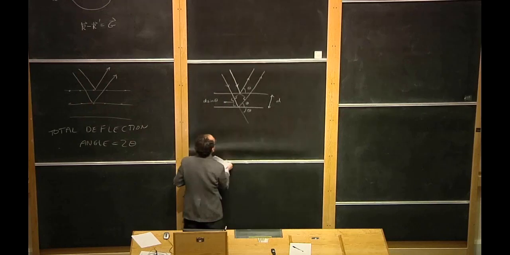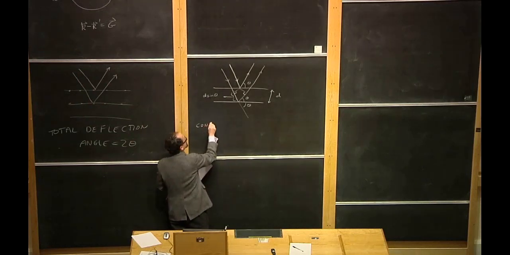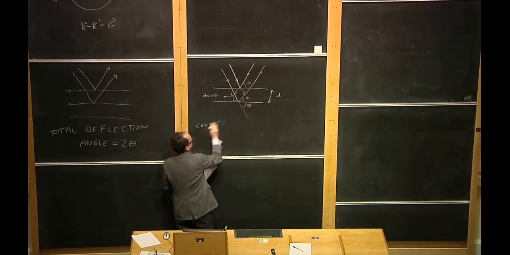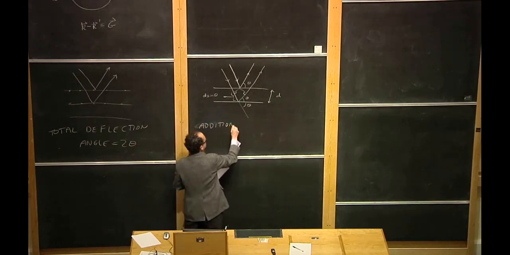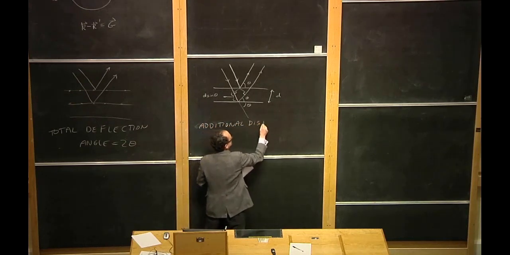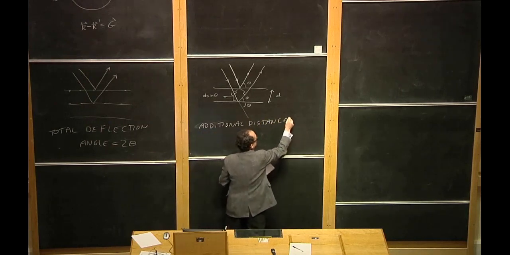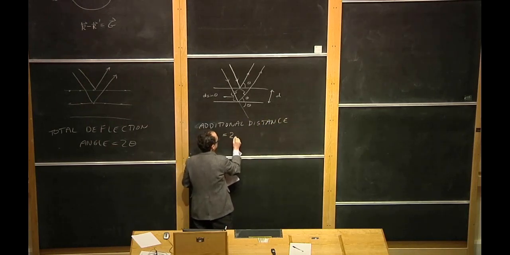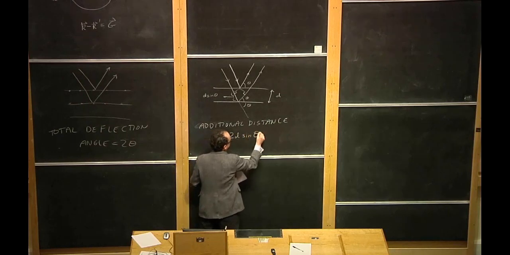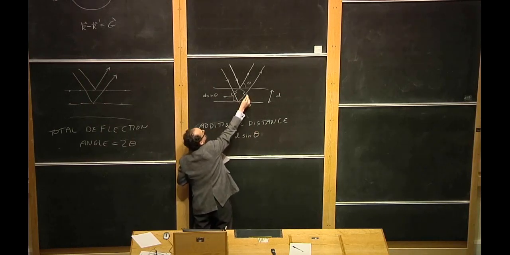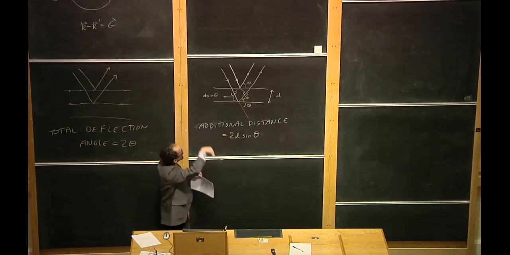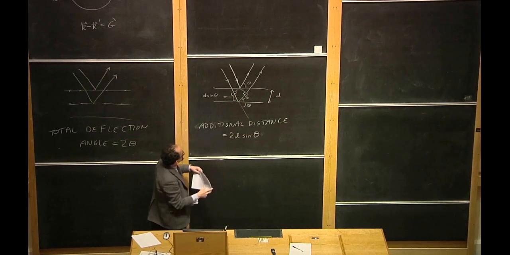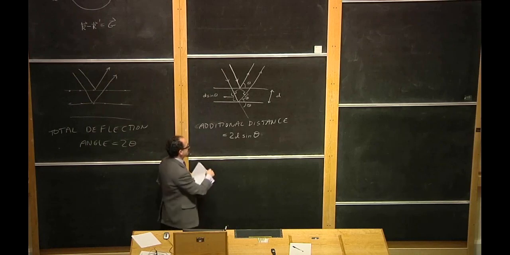In order to get constructive interference, maybe I'll write this first. The additional distance is then 2d sine theta. It's d sine theta on this side and then another d sine theta on that side. So the additional distance taken by the wave that reflected off the second plane is 2d sine theta.